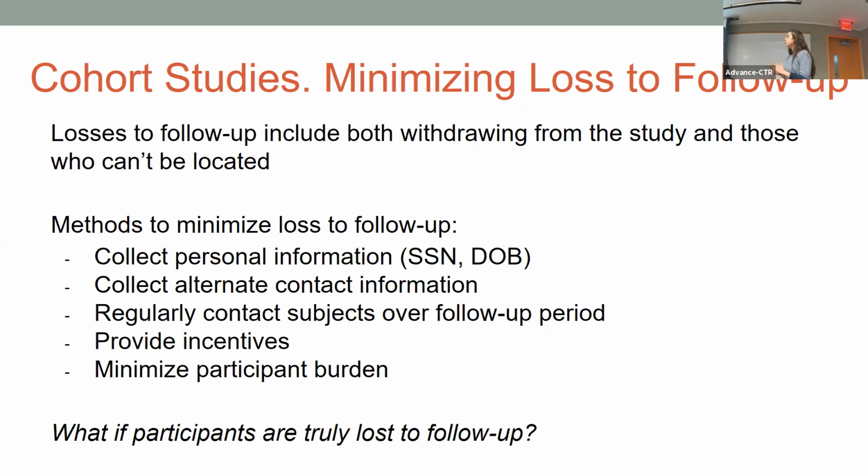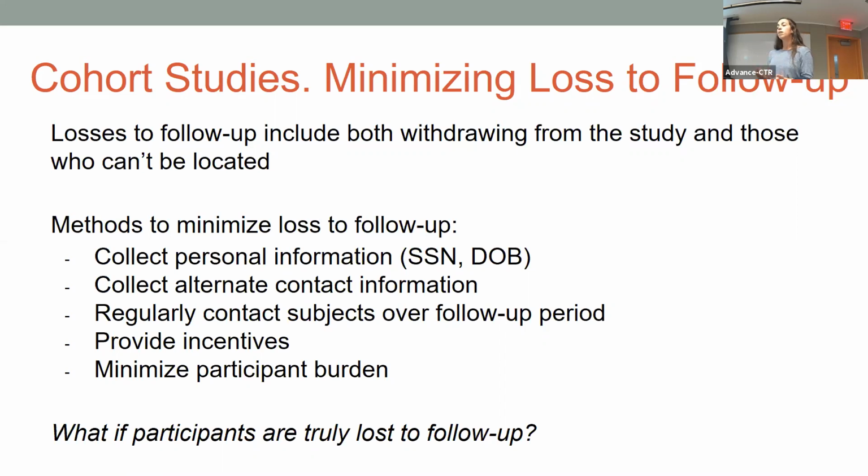And we kind of alluded to this in the randomized controlled trial seminar, but if participants are actually lost to follow-up, then your data analysis methods are likely going to have to account for that. You're going to have some missing data, and you're going to have to use missing data techniques or other sorts of statistical analyses to be able to account for the fact that these participants are lost to follow-up.